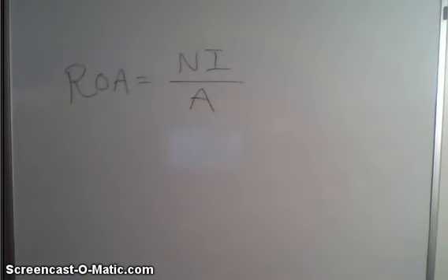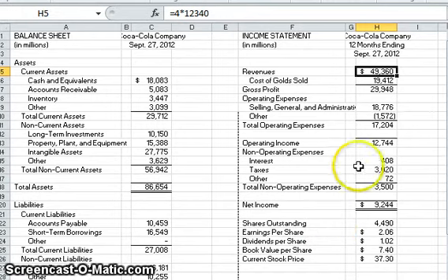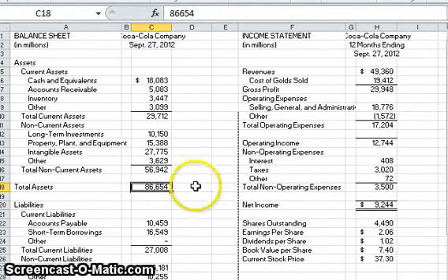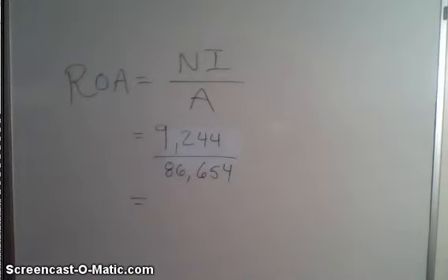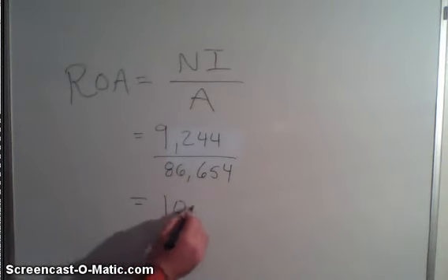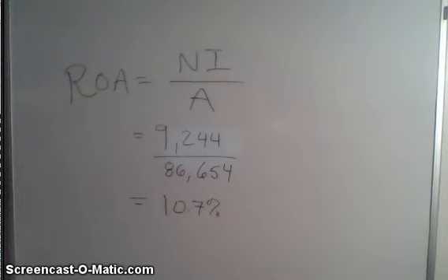Let's go look at Coke's. Their net income was $9,244. Their total assets were $86,654. That's going to come out to 10.7%, which means per dollar they invested in total, the whole firm, they're making about 11 cents.